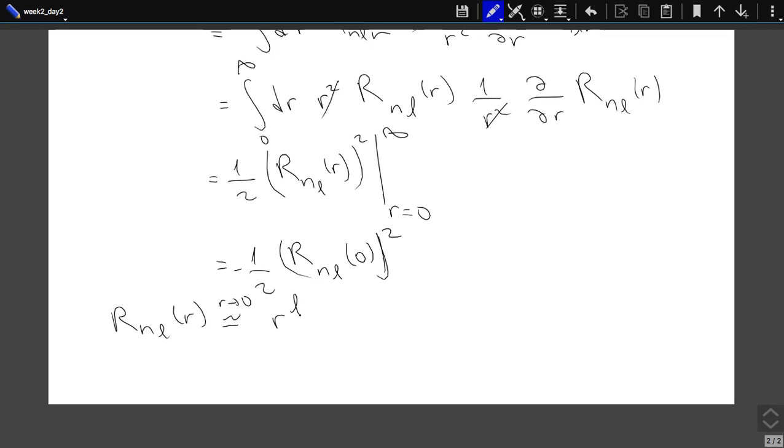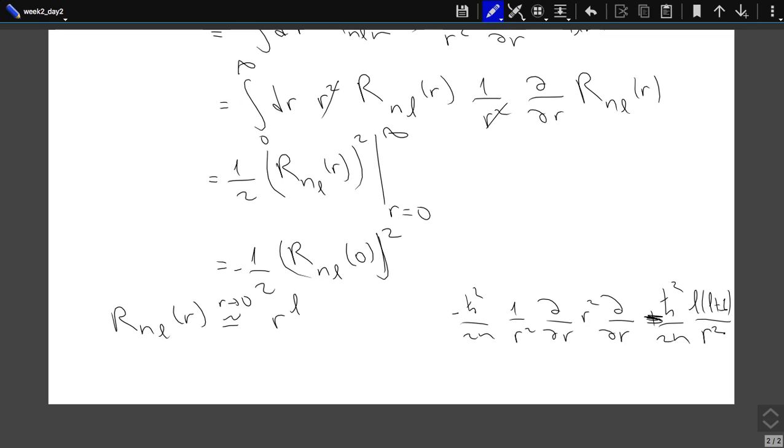Now, if you remember, the radial equation would be minus h bar squared over 2m, 1 over r squared d by dr r squared d by dr, plus now minus h bar squared over 2m, l(l plus 1) over r squared.